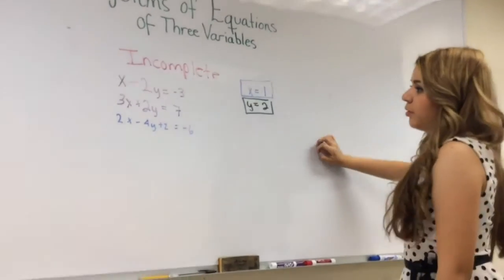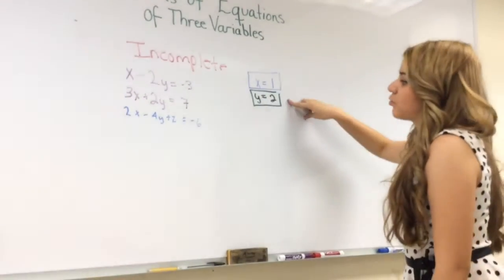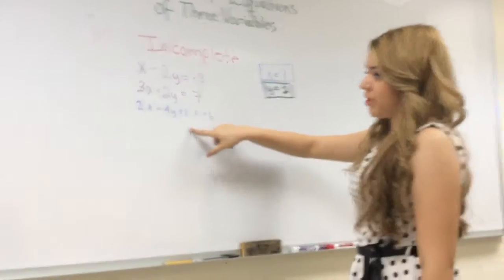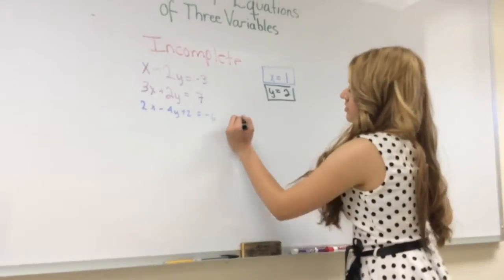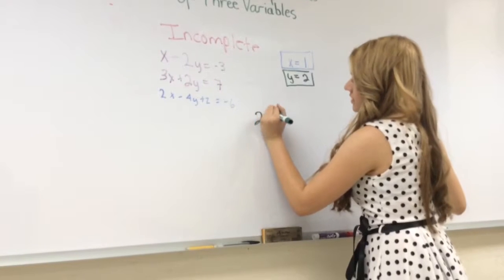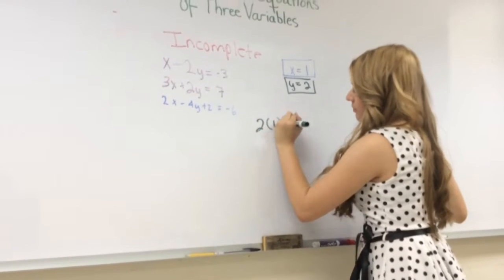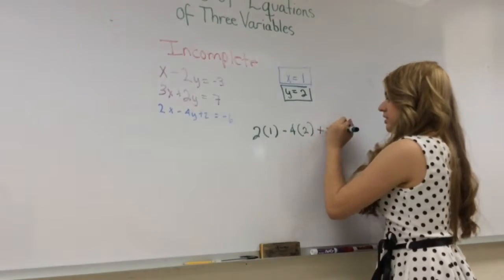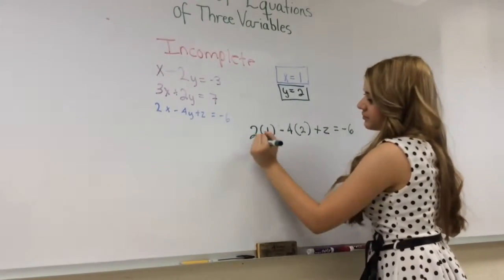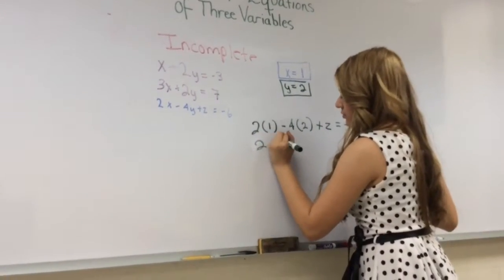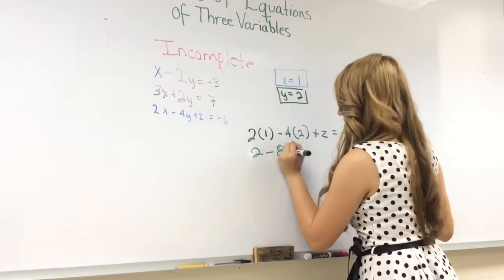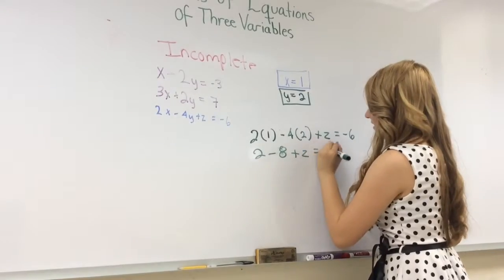Now that we know both the value of x and y, we are ready to substitute into the third equation to have c alone. So we start with 2 times 1 minus 4 times 2 plus c equals minus 6, and we multiply. So 2, minus 8, plus c equals minus 6.